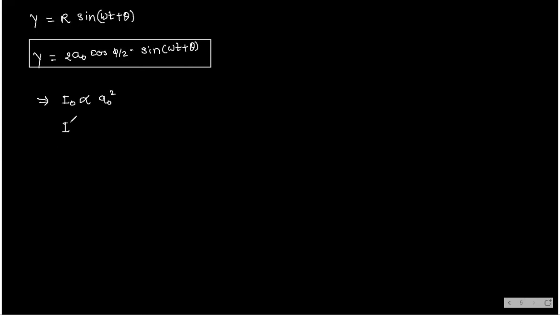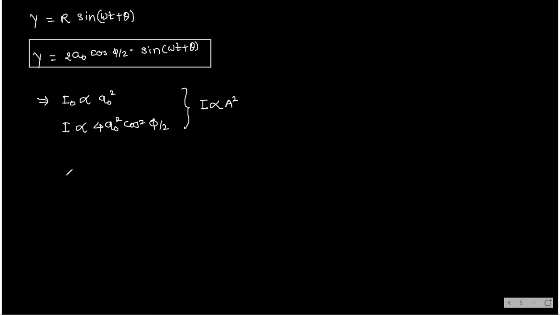And I is directly proportional to this complete part, that is 4 a naught square cos square phi by 2. This is from which relation? Intensity is directly proportional to amplitude square.